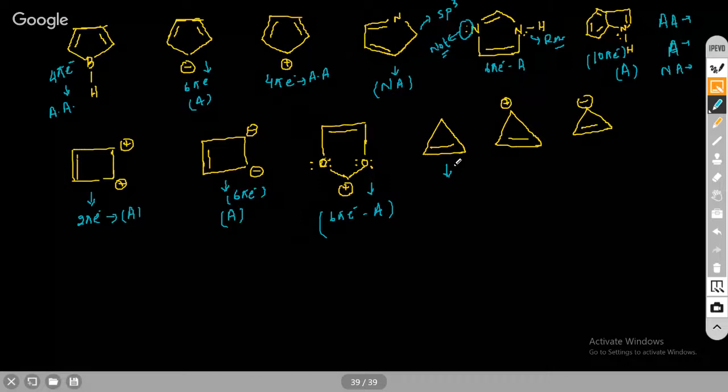How many pi electrons? Two electrons are there. But you see this carbon atom is what? This carbon atom is sp3 hybridized. So this will not be involved in resonance. So it is non-aromatic.